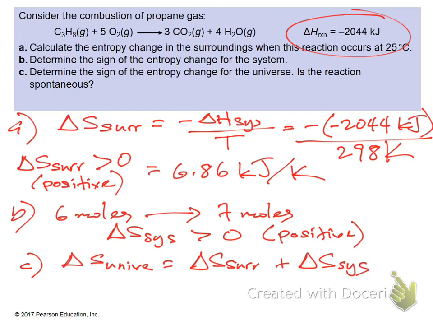Since both are positive, you're adding two positives. So that means the delta S of the universe is also going to be positive. So would this be a spontaneous process or non-spontaneous? All right, what did you say, Charles? Spontaneous, yes.